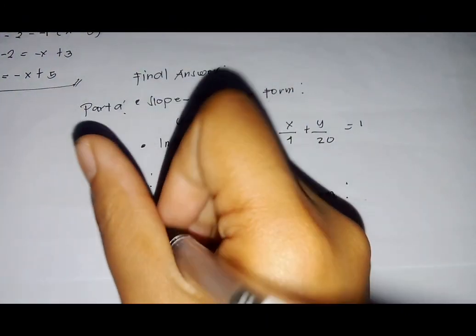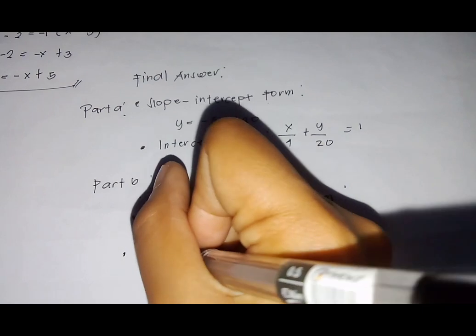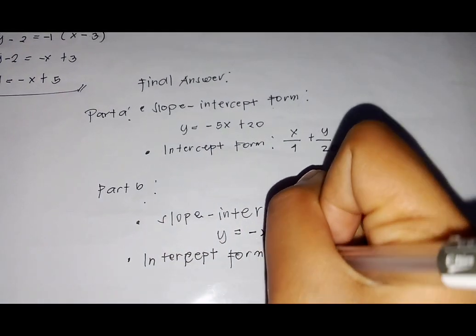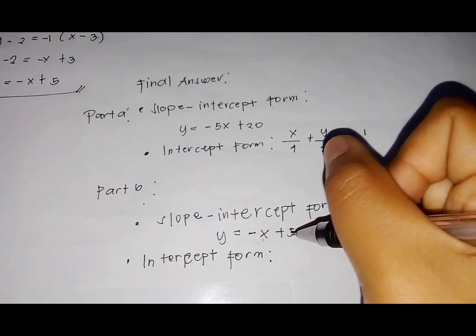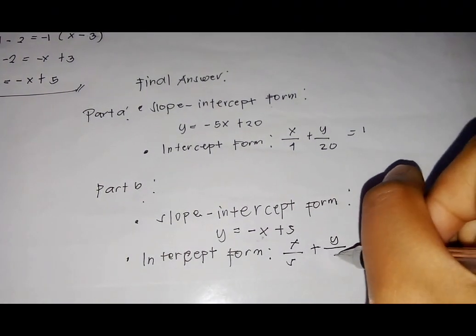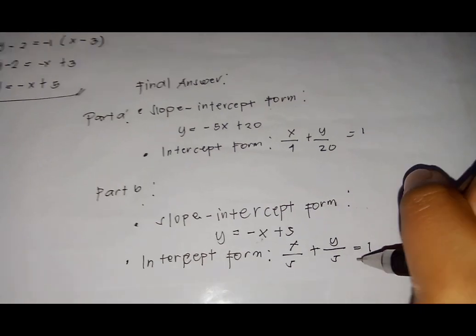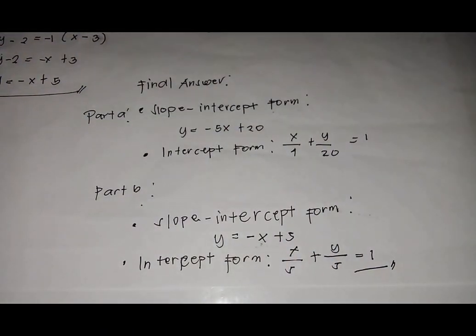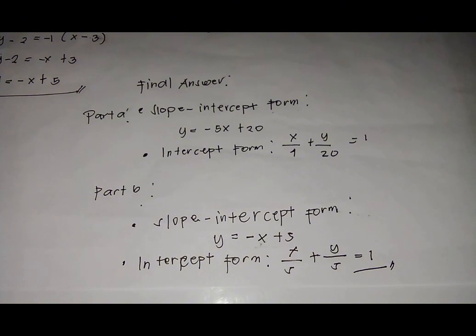For the intercept form, we have x/5 + y/5 = 1. So this is our final answer for part A and part B.